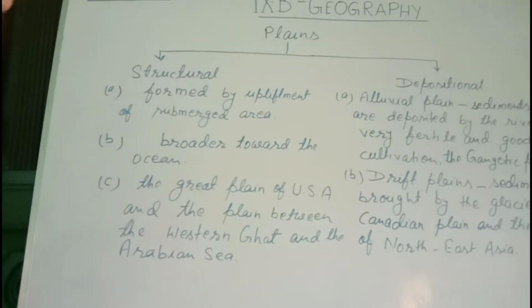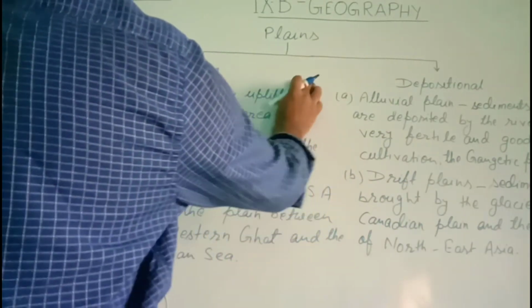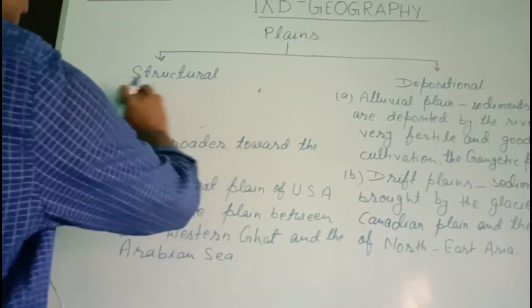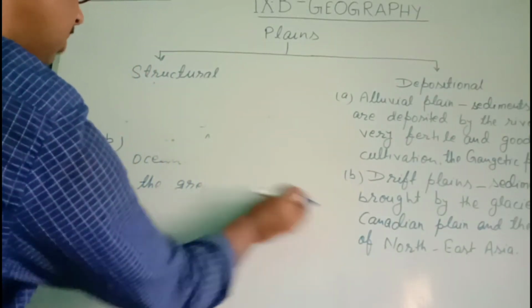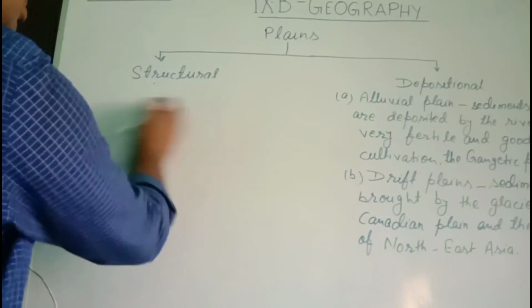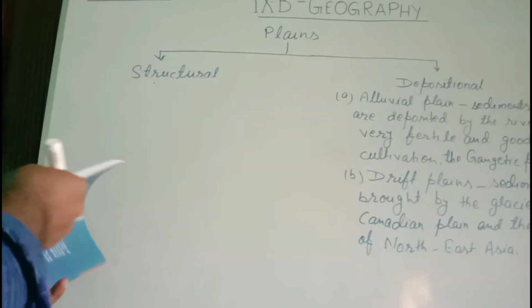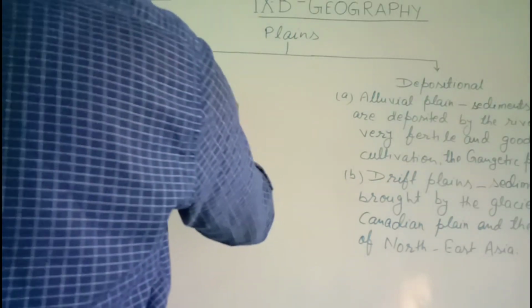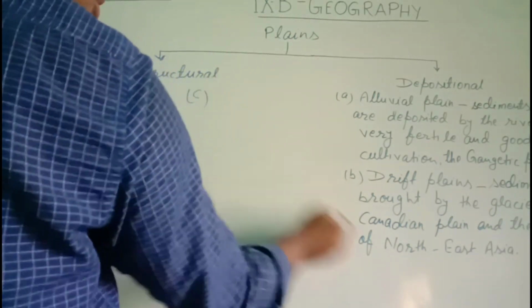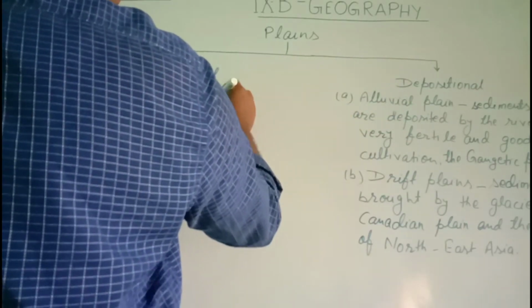And this third type of depositional plain is left, so I shall erase this portion. That third type of depositional plain is loess plain. This is continued here. A, B, C. These three types are of depositional plain.